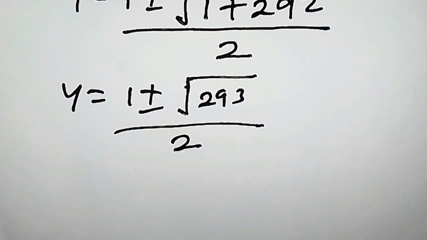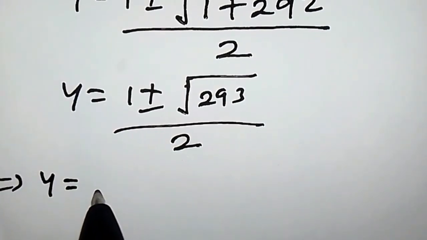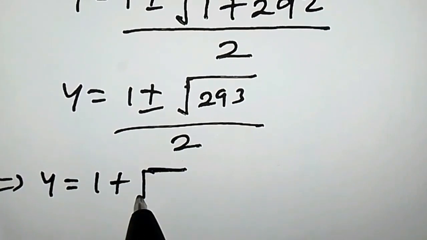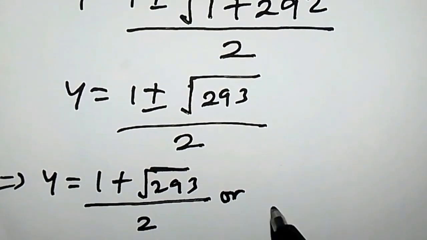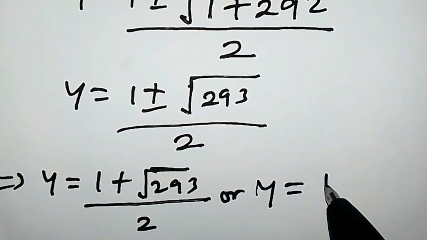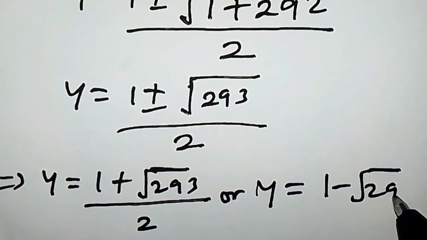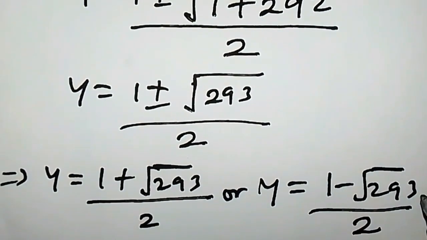Let's proceed further. This implies that y is equal to 1 plus root 293 divided by 2, or y equal to 1 minus root 293 divided by 2.